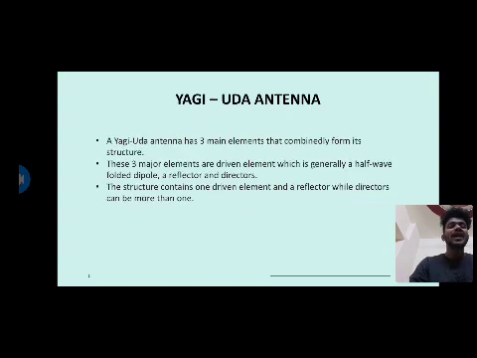A Yagi antenna has three main elements that combinedly form its structure. These three major elements are the driven element, which is generally a half-wave folded dipole, a reflector, and directors. The structure contains one driven element and one reflector, while directors can be more than one.